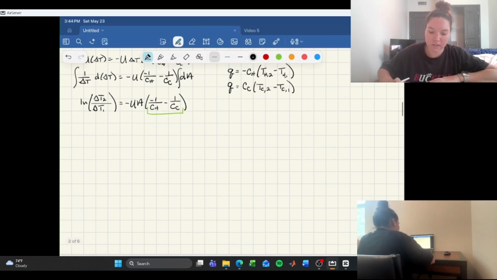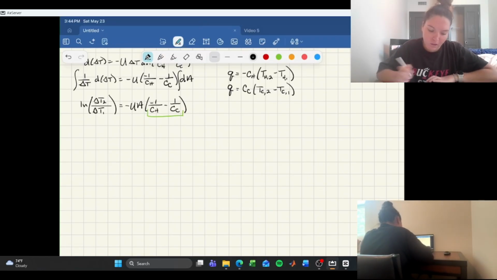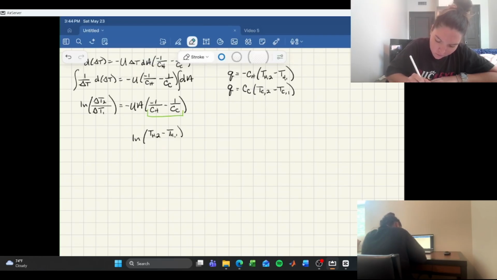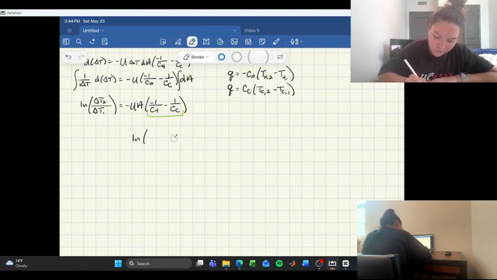So then plugging all of this in, we're going to get that the natural log of the change in temperature 2, it's going to be, okay.